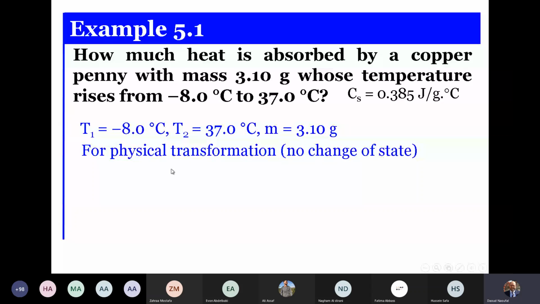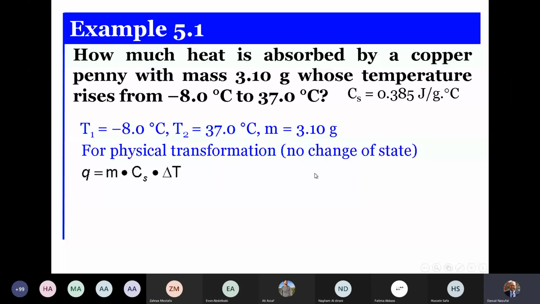When we have a physical transformation with no change of state, we apply directly the relation dQ equals m Cs dT. Why do I use dQ equals m Cs dT? Since in the exercise, the specific heat capacity given is Cs, which is per gram.